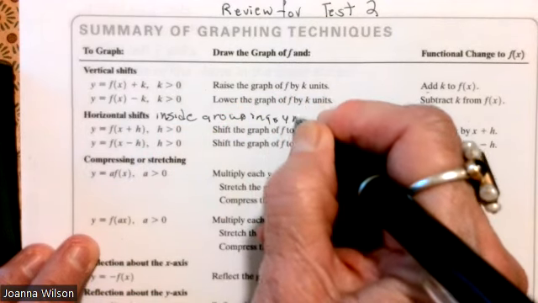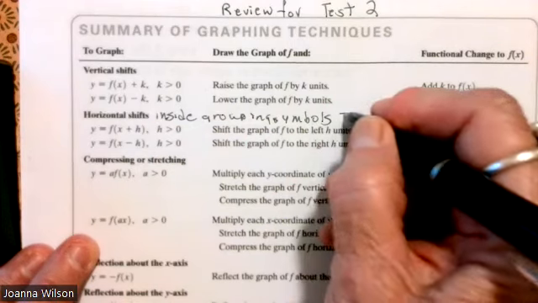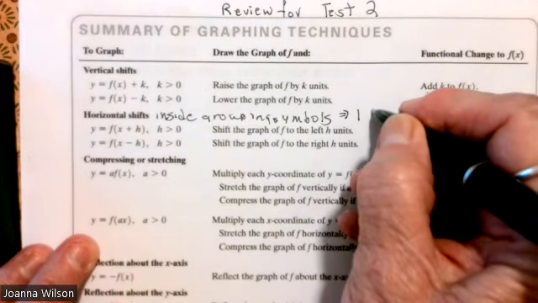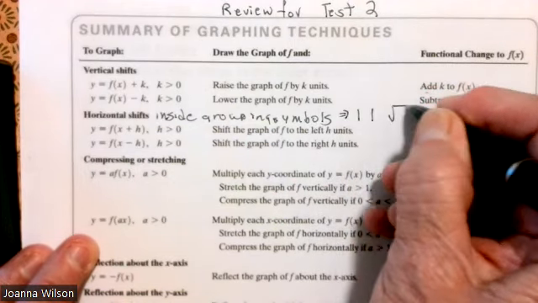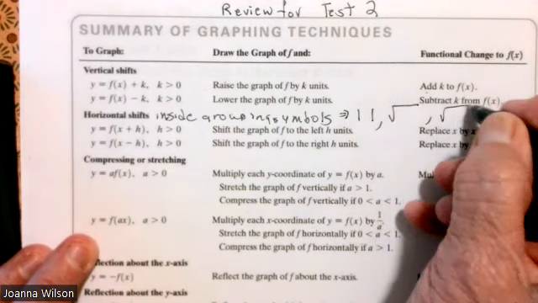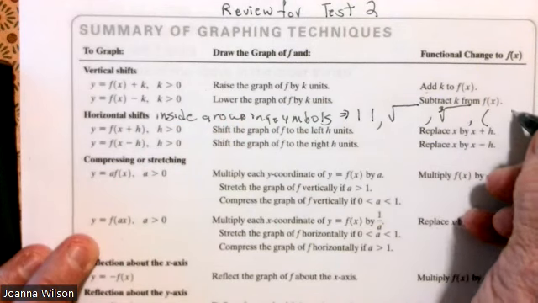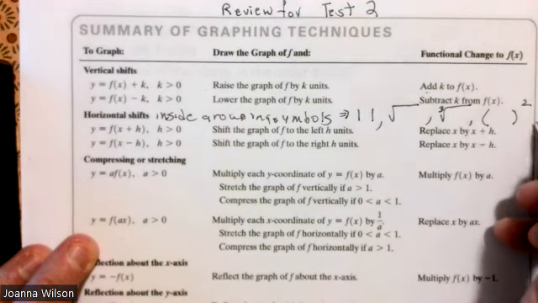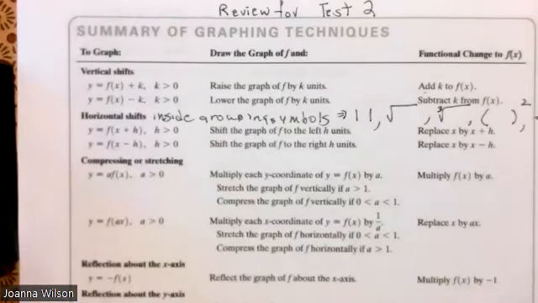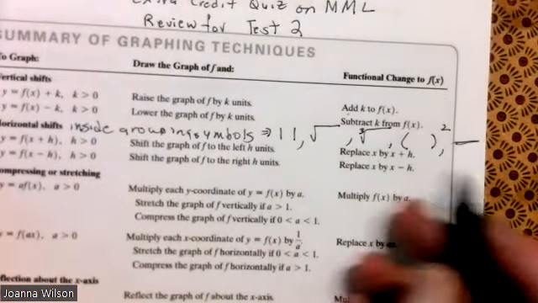Some of the grouping symbols that we'll see, I'm not sure this is everything: absolute value bars, square roots, or cube roots, or squaring, or actually a fraction bar. Oops. Tell me if I go off and you can't see what I'm doing. See, these are all grouping symbols.